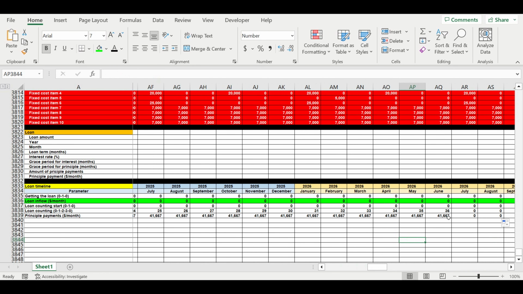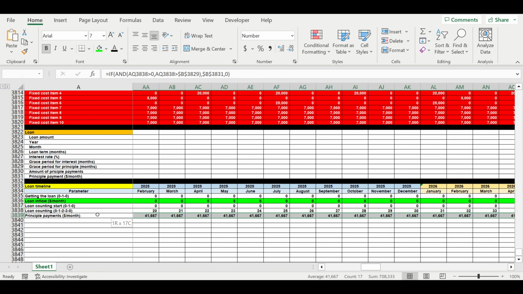So this is our $1 million loan payments for the principal.